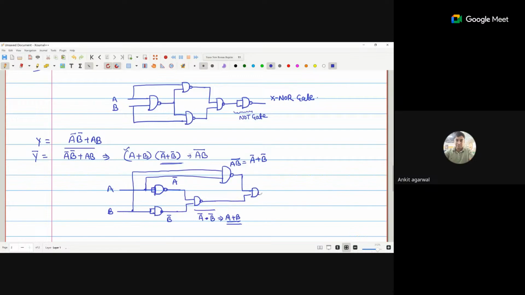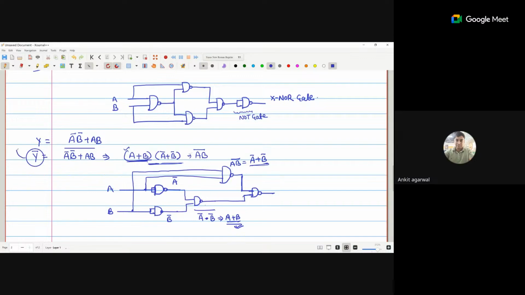We are taking this net. Basically an A plus B term we are getting here, an A bar plus B bar we are getting here, and in between the two there is an AND. So we are doing the AND, but after the AND we are getting Y bar.